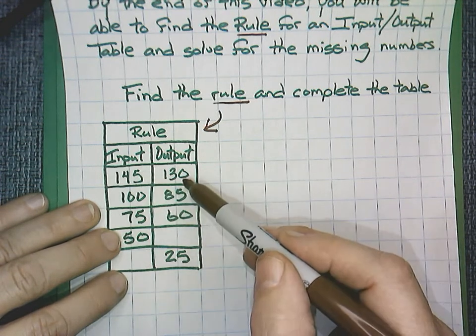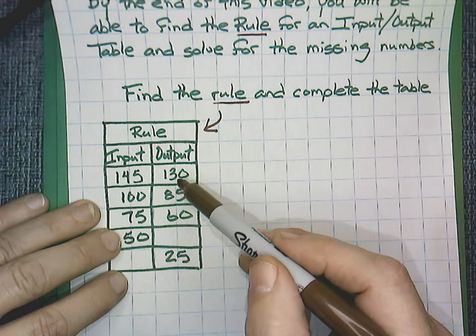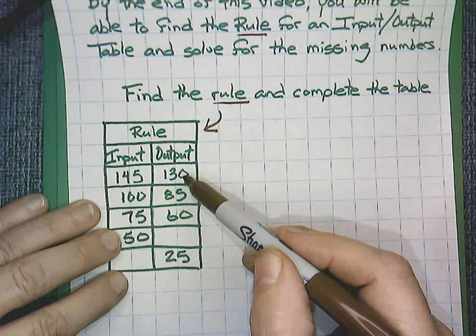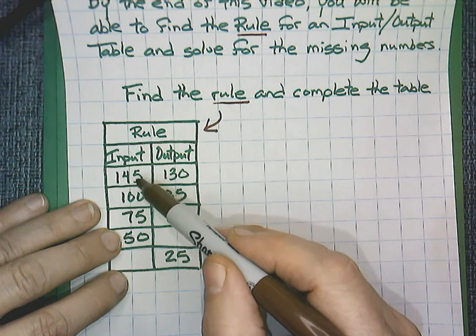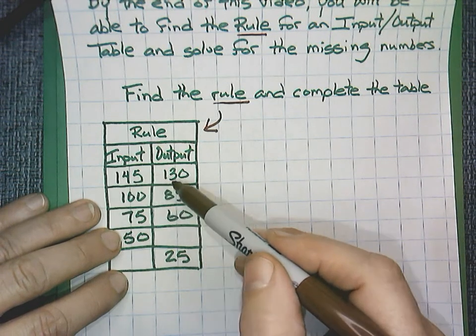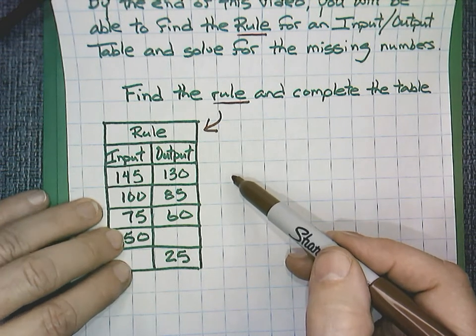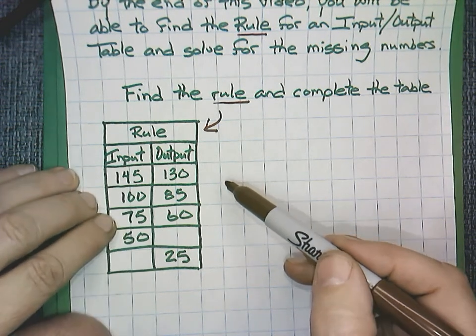Looking at the numbers, I can tell it's not going to be division because if I were to use an inverse operation, 130 will not multiply by any number to get 145. So this is more than likely going to be a subtraction problem. Next I'm going to write an equation.